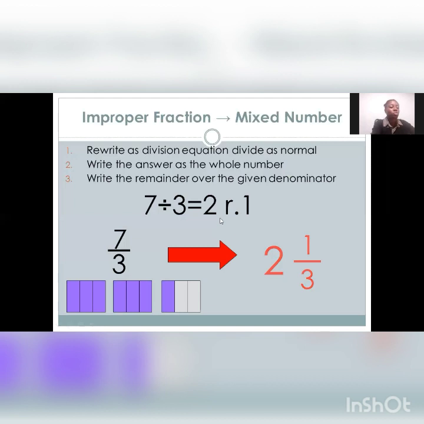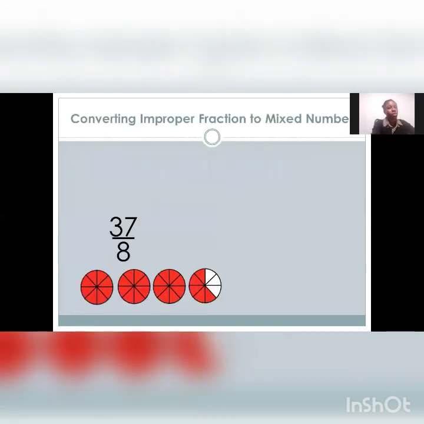Let's look at a few more examples. 37 over 8. Remember the steps. The first step is to write it as the division equation. We want to find out how many times 8 can go into 37. I'm going to pause the video so you can try to do the work on your own.